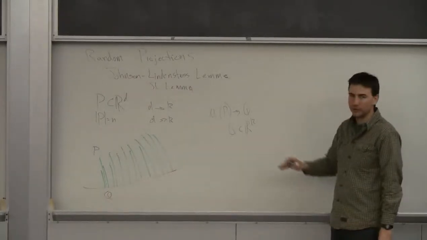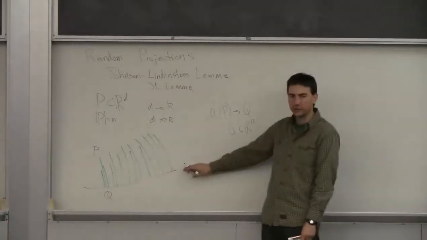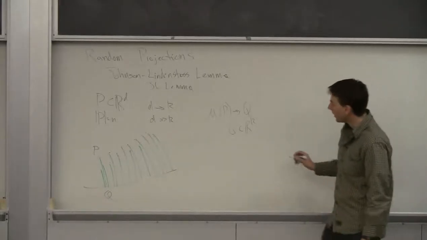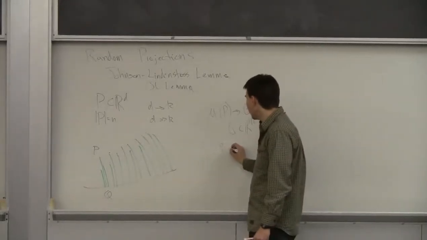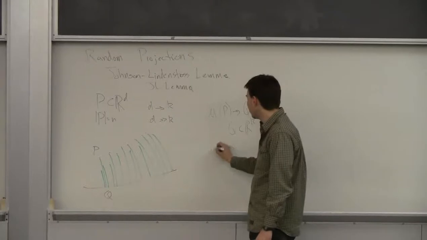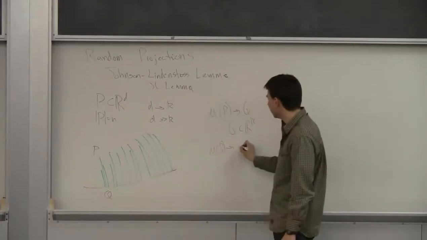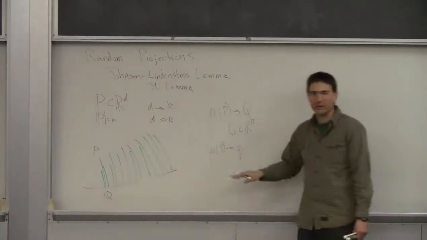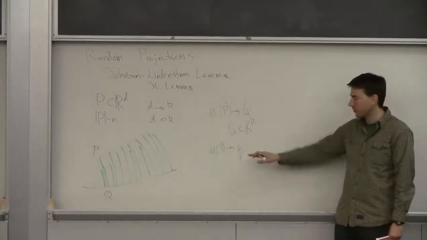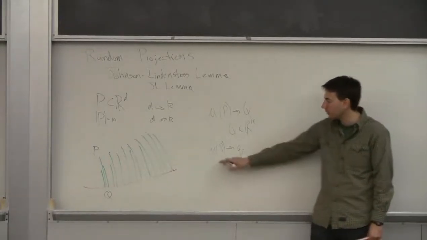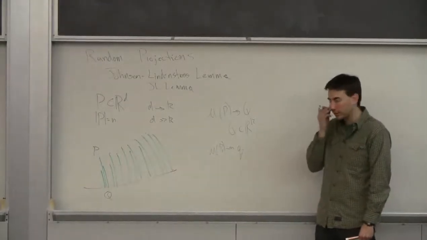So k is going to be a much smaller dimensional space, in this case a one-dimensional space. And every point Pi is going to map with this mapping function down to a point Qi. I'll write this out more precisely, but this is mathematical notation here.